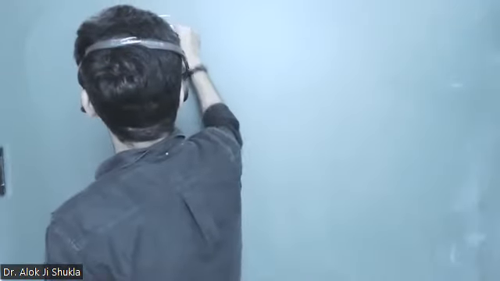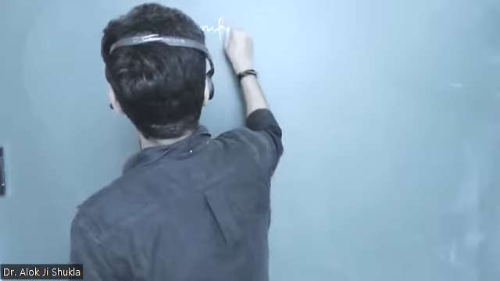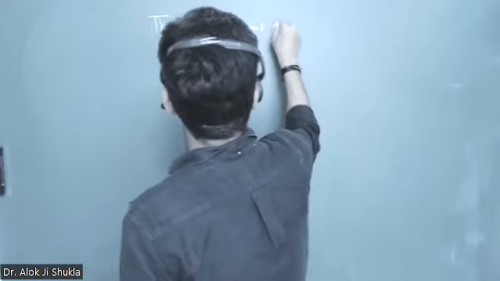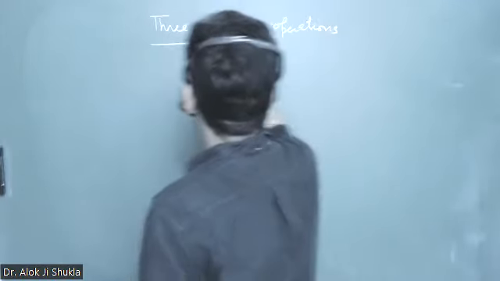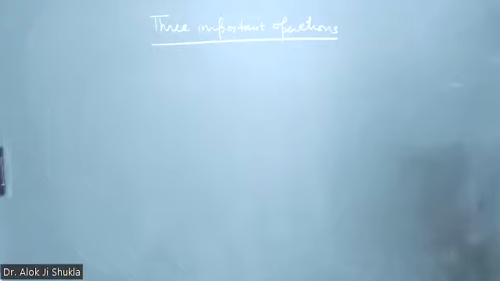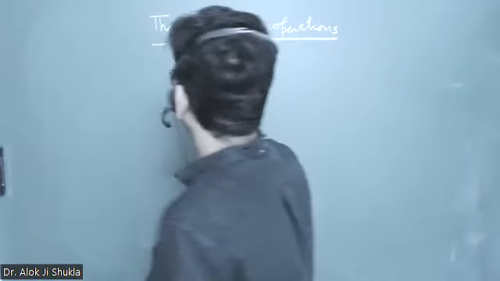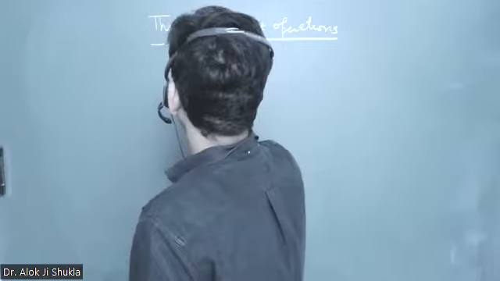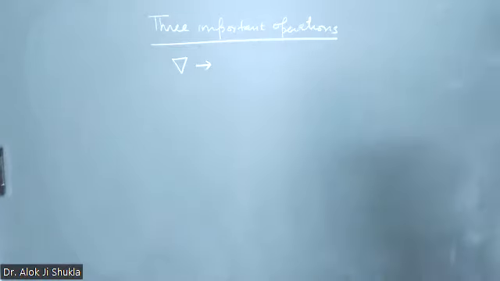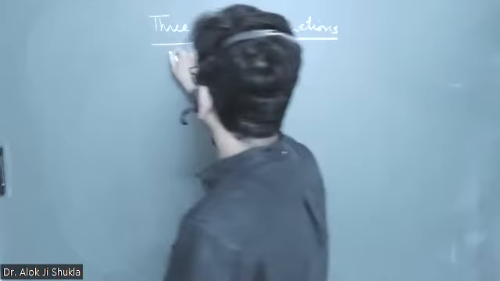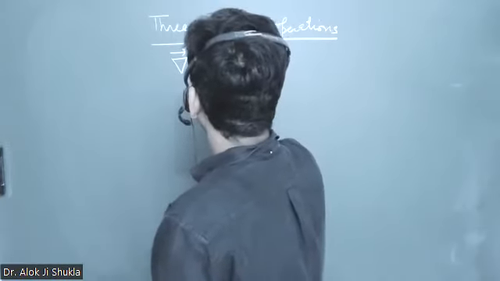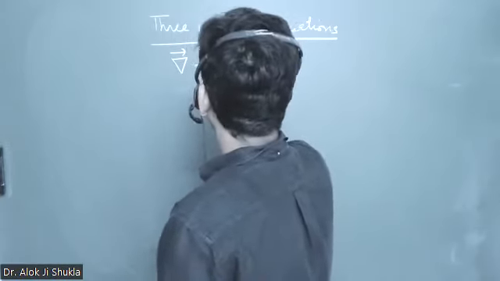So there are three important operations, and all these operations are done using del. What is this called? Gradient operator or del operator. Del operator, and this is a vector quantity.